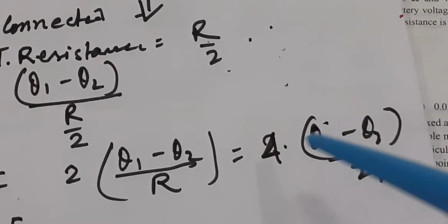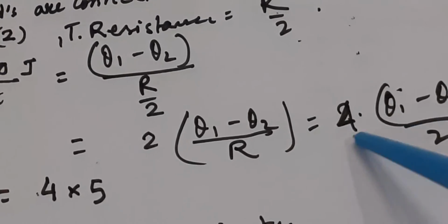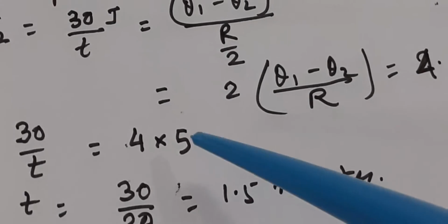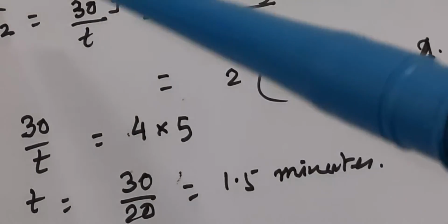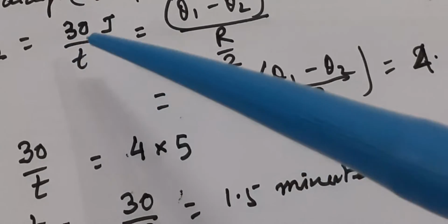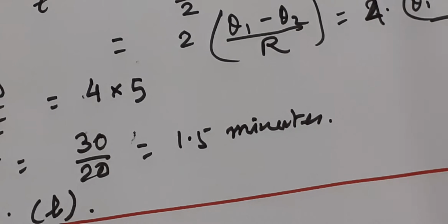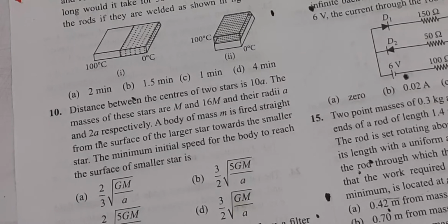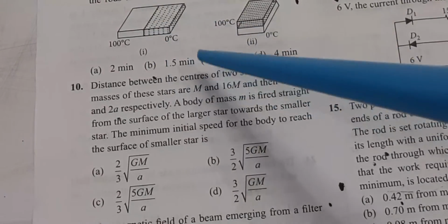Instead of this, we can put 5 joules per minute. That means 20 joules per minute will come here. And here it is 30 by T, since we have already taken 30 joules per time. Time is unknown here. Solving from here, we can see that it will take 1.5 minutes to flow 30 joules of heat by the parallel arrangement. You can see the answer will be B for this case, that is 1.5 minutes.